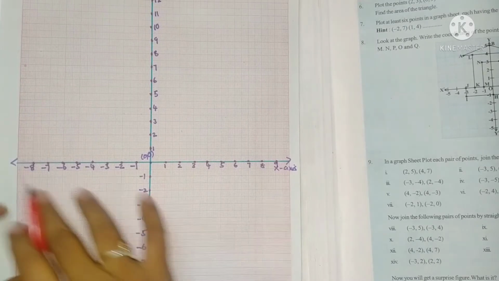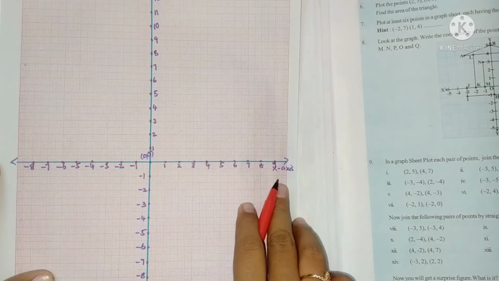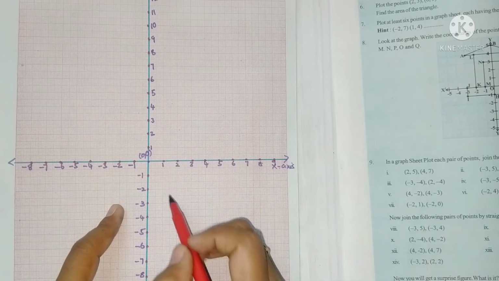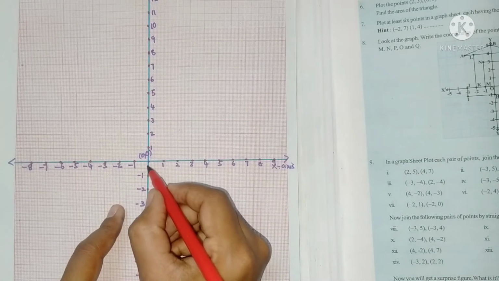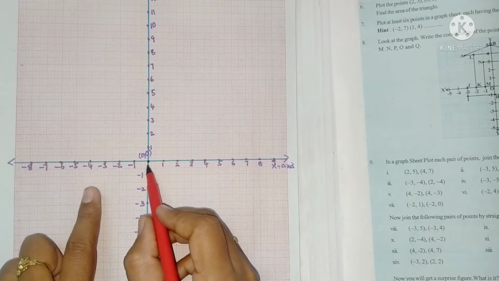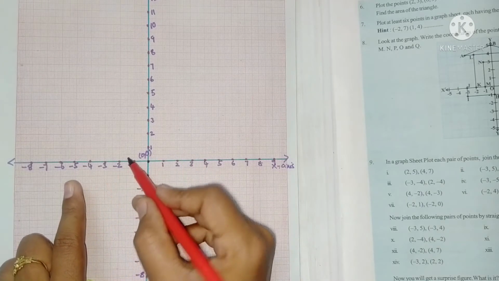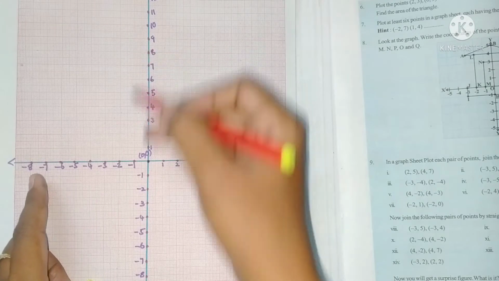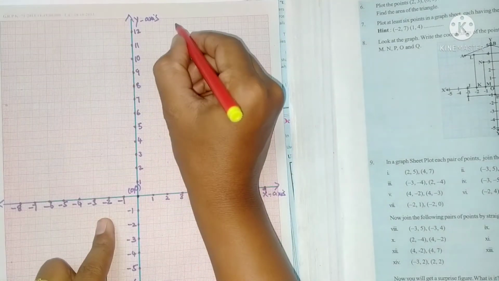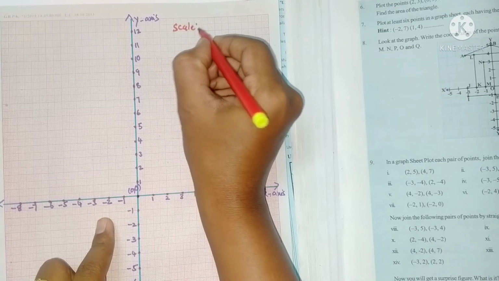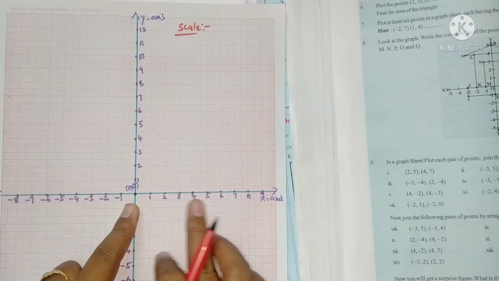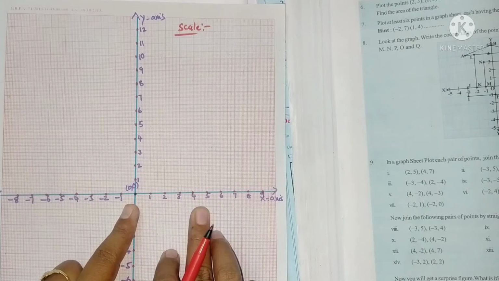So just take the graph sheet and draw the horizontal line and vertical line. Horizontal is x-axis and vertical is y-axis. Intersection is origin 0, 0. Okay, and right side is positive, left side negative, above side positive, below side negative. And scale also we have to write. So what is the scale here? 1, 2, 3, 4, like that only we took.